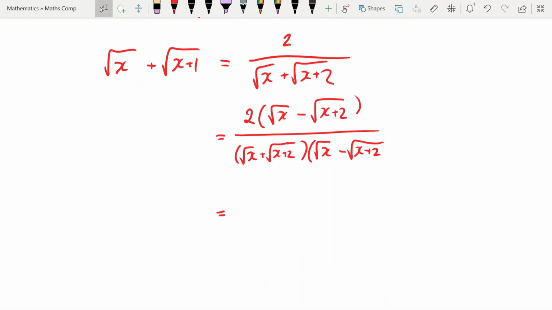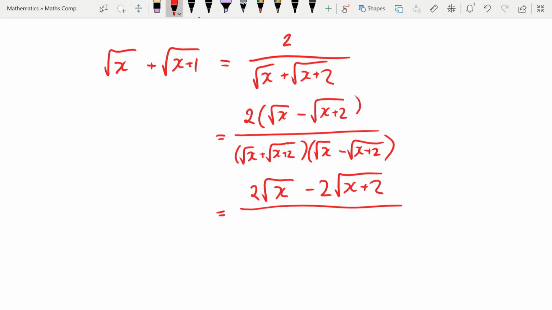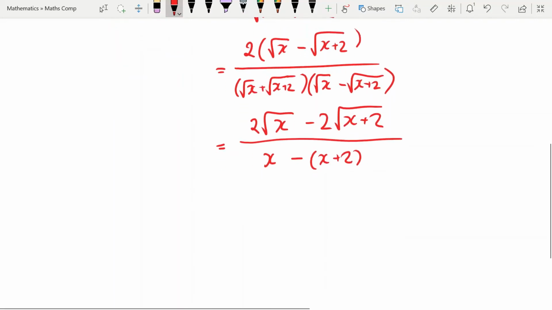If you multiply it out, well, on the numerator you get 2 root x minus 2 root x plus 2, and on the denominator you get x minus x plus 2. So this is equivalent to, obviously the x's will cancel, and you'll get a minus 2.